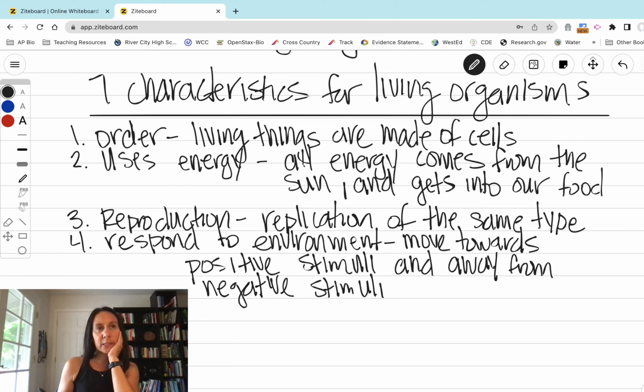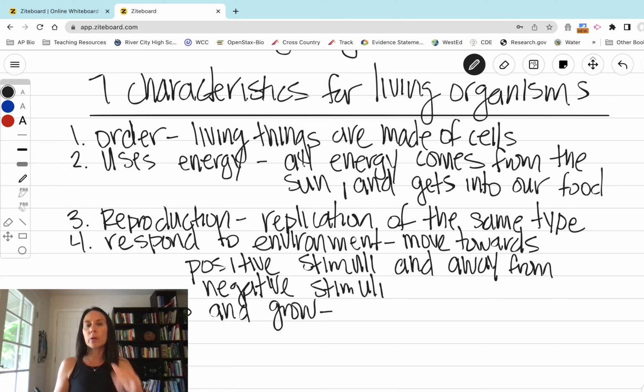all living things have to be able to develop and grow. Okay? And so what this means is that all living organisms have what we call DNA. And DNA are some instructions on what that organism is going to grow into and what it's going to look like and how it's going to act and what kind of things it's going to do. So based on the DNA of that organism, it's going to develop and grow into whatever it's going to be, okay?